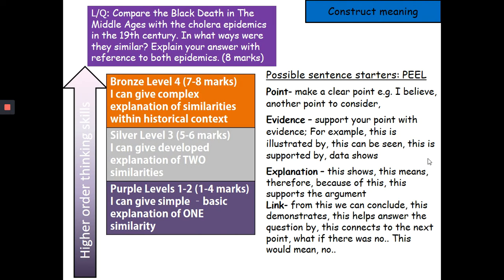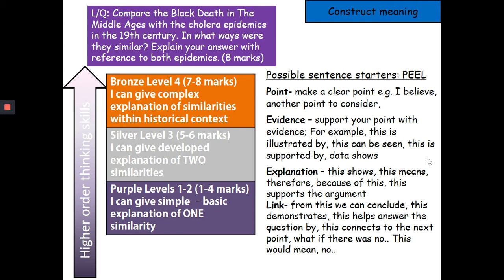On the left are higher order thinking skills from bottom upwards, from purple. For levels 1 to 2, for 1 to 4 marks, you need just to give a basic to simple explanation of one similarity between the two epidemics.